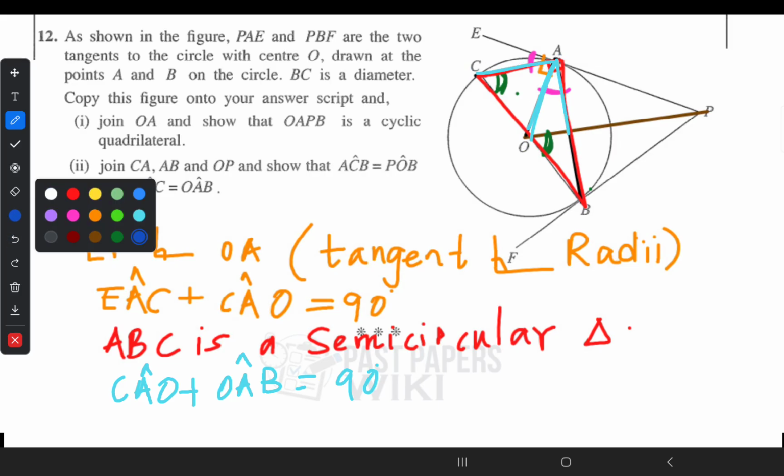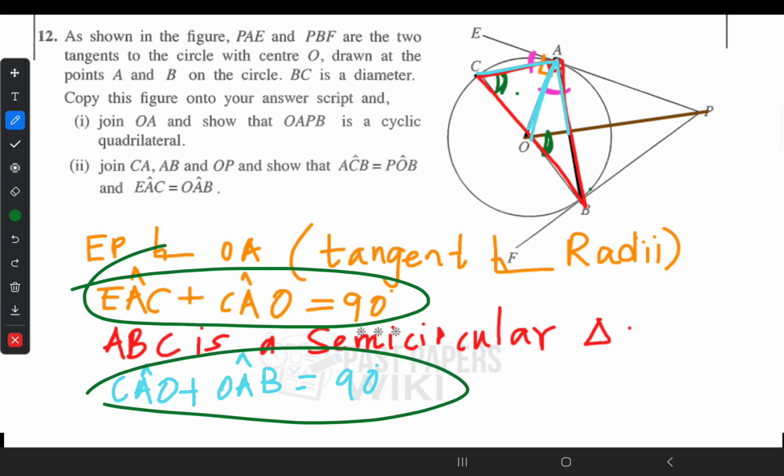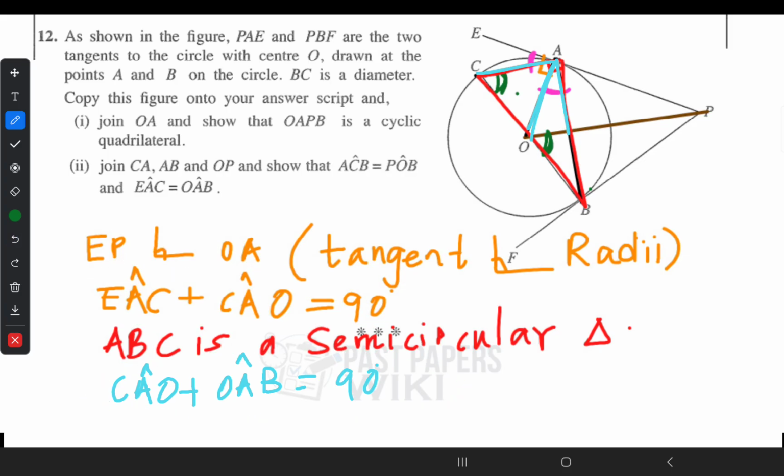So finally we can write the reason, look at the reason clearly. This equals 90. This equals 90. So we are going to equalize both of them.